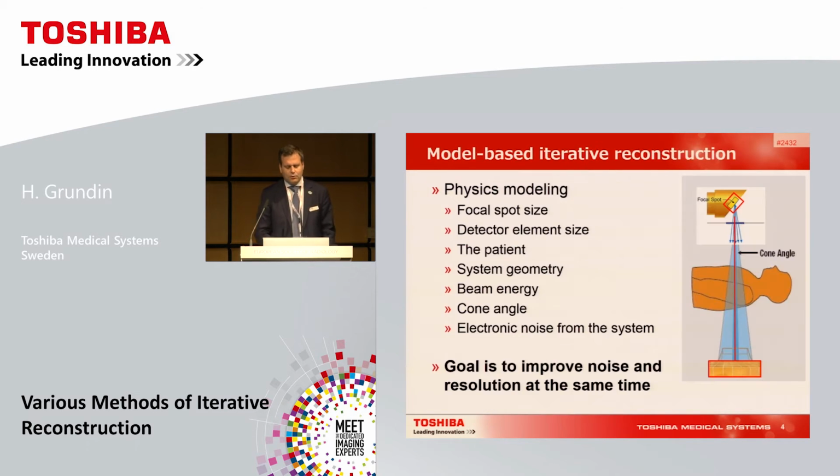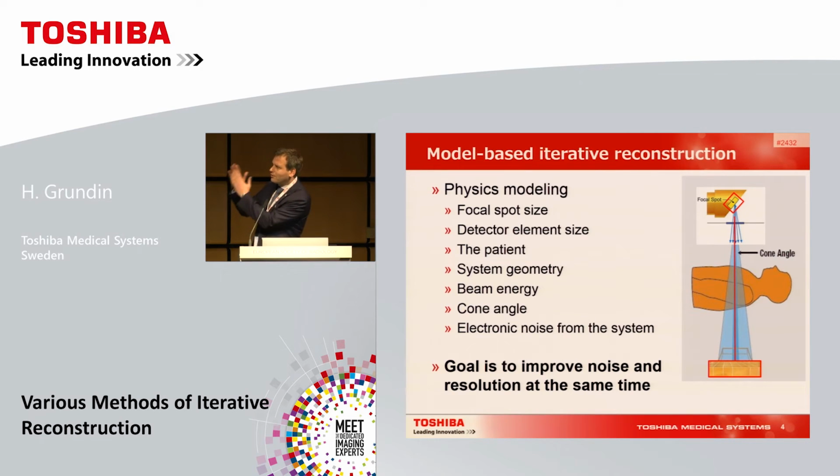So this calls for a need for true modeling in iterative reconstruction. You need true modeling of the system and the patient. To take the next step in image quality reconstruction in CT, you need true modeling of the focus spot size. You need to model the detector elements, also the patient, and the entire system geometry. The beam energies have to be modeled, because when the X-ray beam travels through the patient, you will also have beam hardening, which will affect image quality.